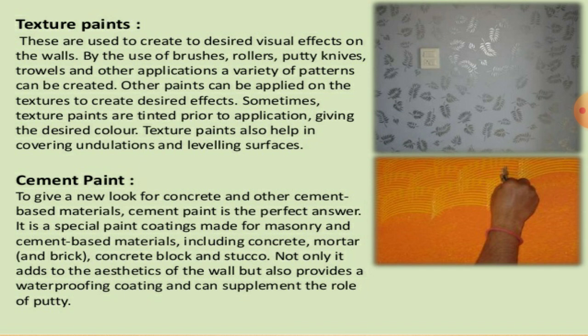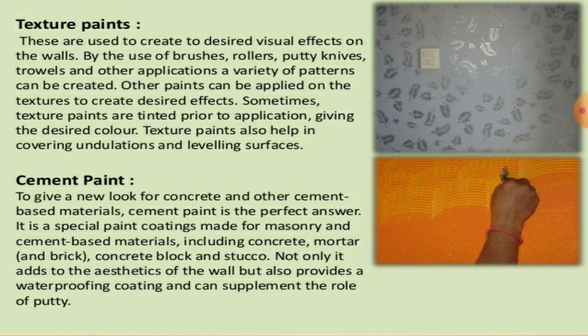Next is texture paints. These are used to create desired visual effects on the walls. By the use of brushes, rollers, trowels, and other applicators, a variety of patterns can be created.